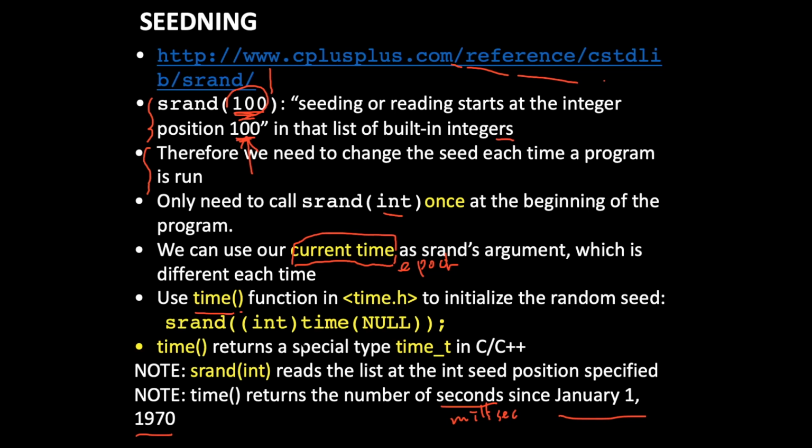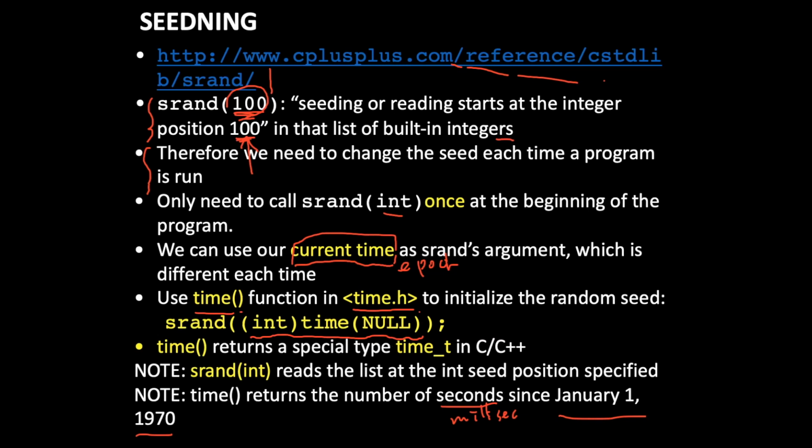Suffice to say, every time you run your code on the same machine, your seed, coming from the time function, is going to be different each time. So this allows you to seed your randomizer.